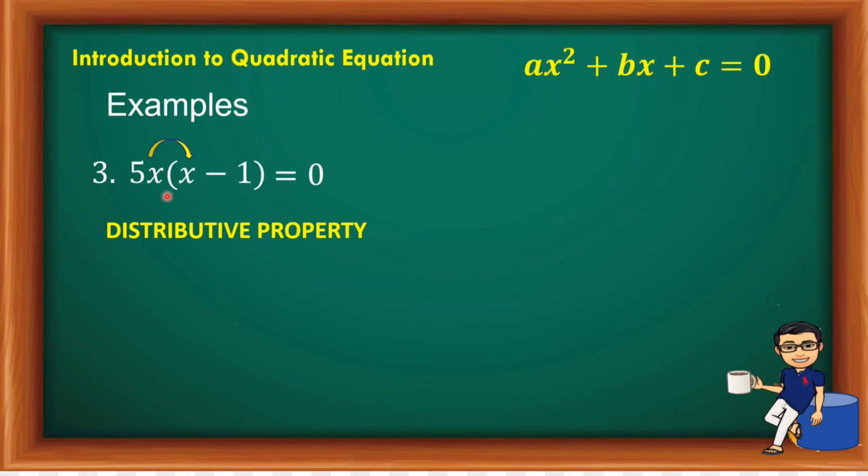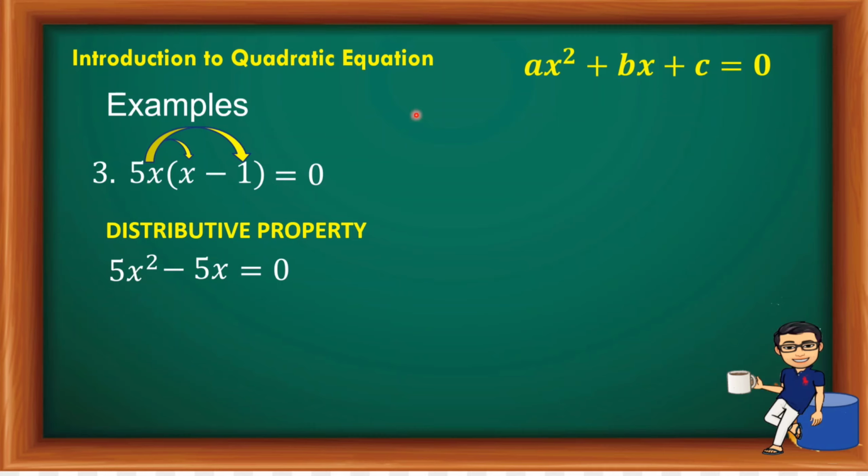Kaya yung una, 5x times x, that is equal to 5x squared. Tapos susunod na step, 5x times negative 1, so that is equal to negative 5x. So, equal to 0. Ulitin natin, 5x times x is 5x squared, and 5x times negative 1 is negative 5x.